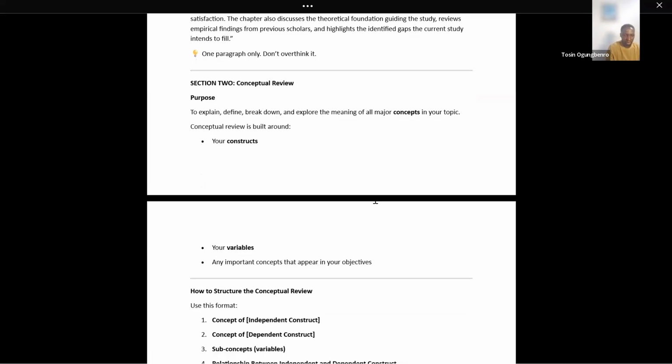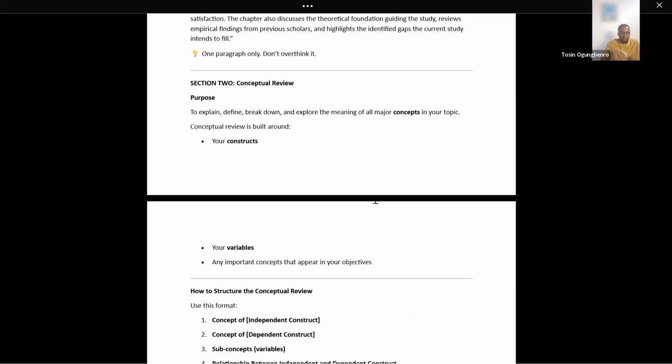And you can coin your concepts from your variables depending on your topic. So if your topic is talking about maternal mortality rates, you have to talk about the concept of maternal mortality rates. And the conceptual review can link two constructs together, like you are looking at how one construct relates to the other.